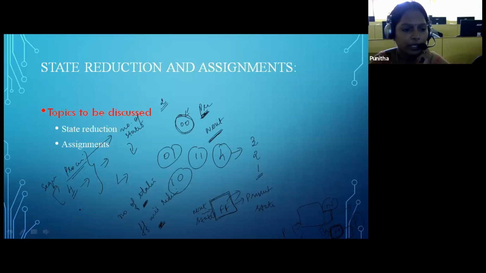For me, I have only two flip-flops. According to my flip-flops, I can reduce the number of states, so that I can make use of my available flip-flops for the sequential circuit, according to the requirements of the designer.